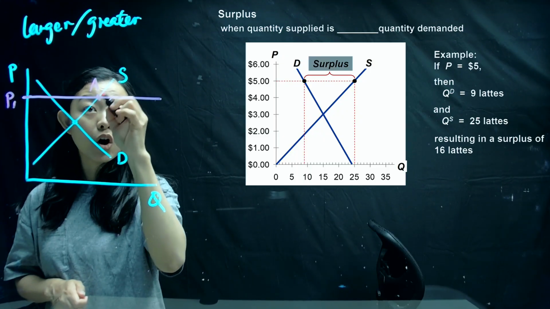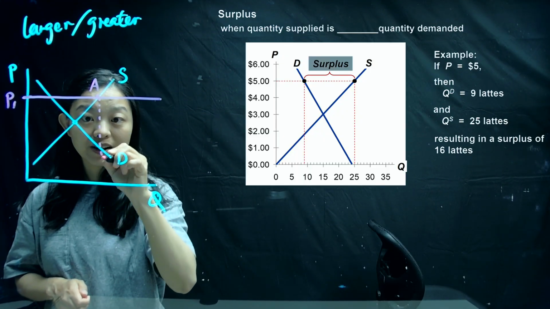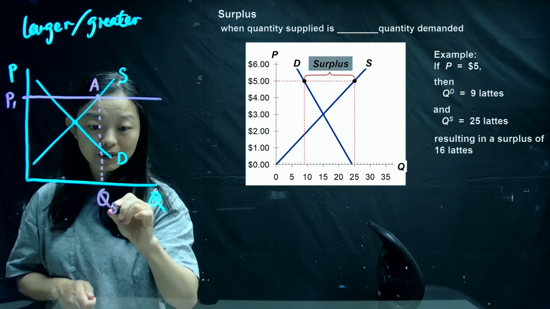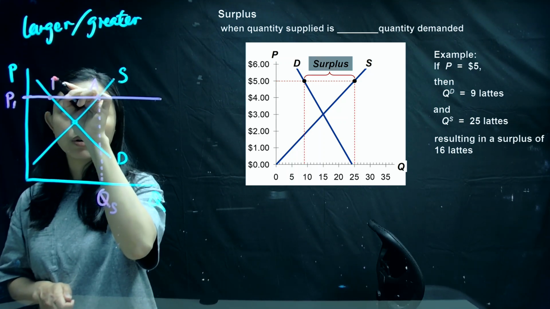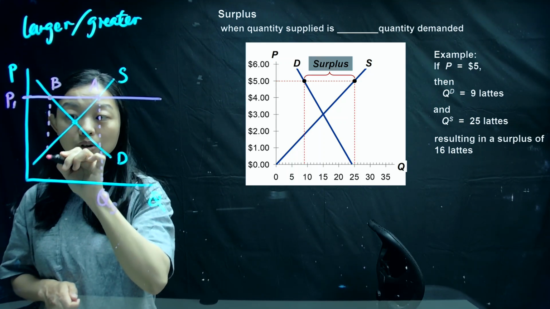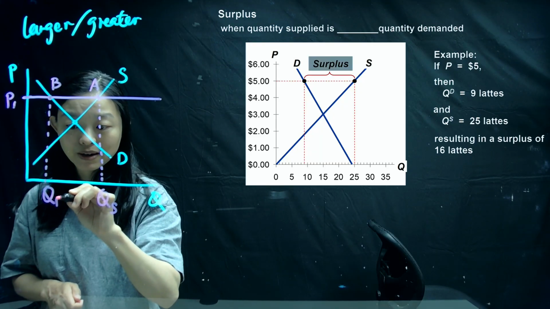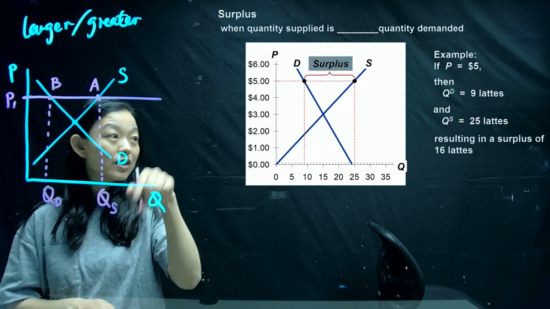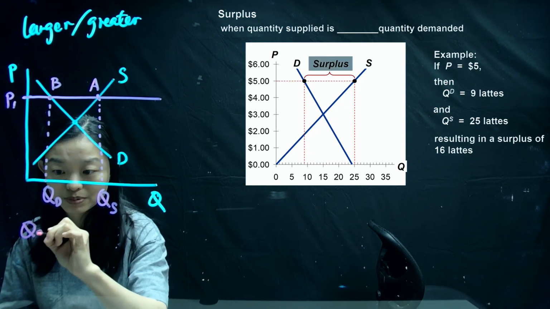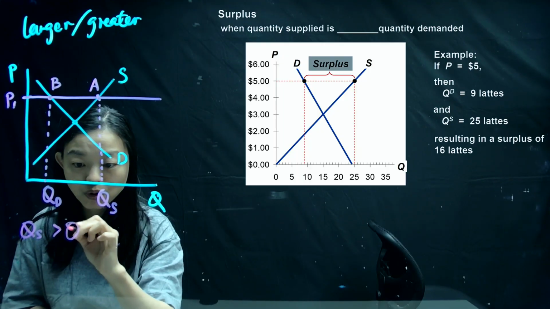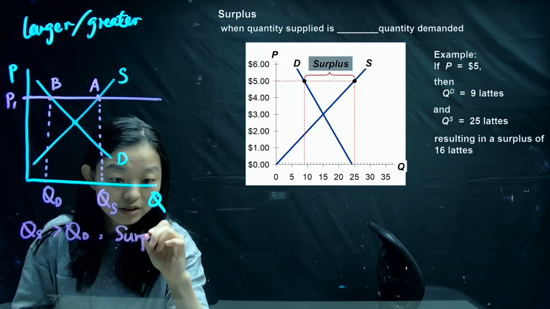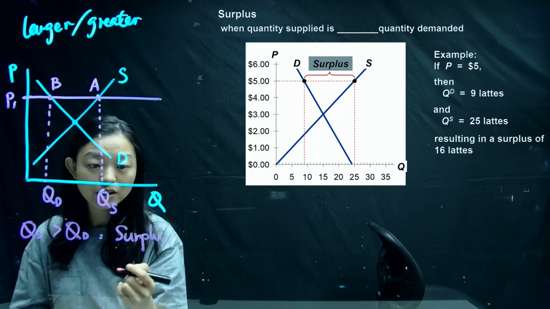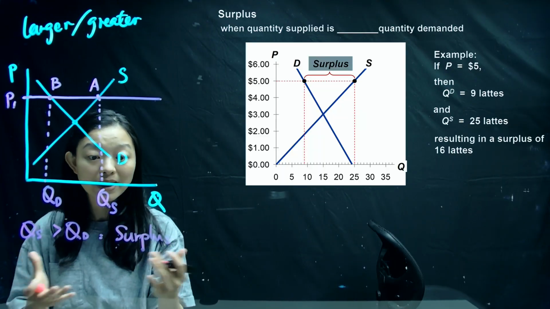Point A will be on the supply side, and then you can find the quantity supplied. And then there is another point here on the demand side. We call this point B, and correspondingly you can find the quantity demanded. In this case, the quantity supplied is larger than the quantity demanded, which results in a surplus. How large is the surplus?